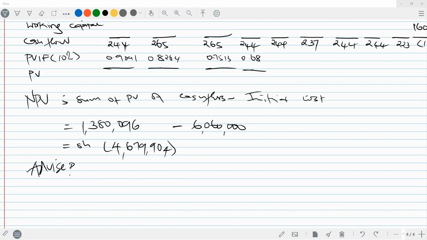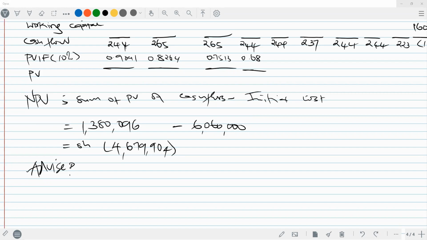The company, therefore, should not replace the old machine with the new machine. Why? Because the NPV of the replacement position is negative. Therefore, the company should not replace this machine, okay? Just like that.